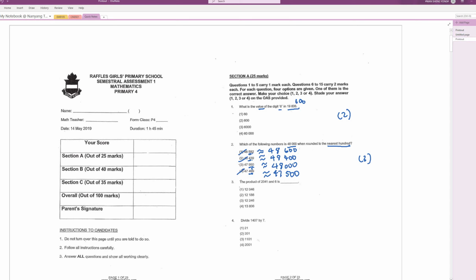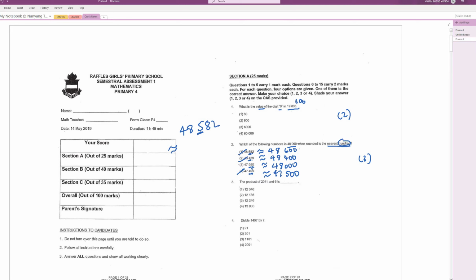If you are not sure how to estimate, this is a brief guide on how to estimate. So let's try 48,582. When we want to estimate, we underline the number first. We underline the number 5 because we want to round to the hundreds place.